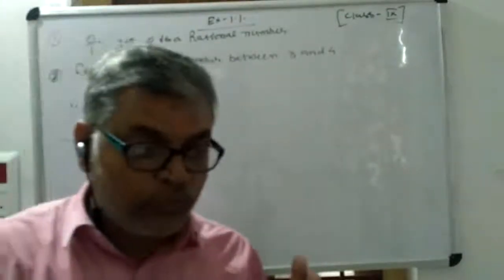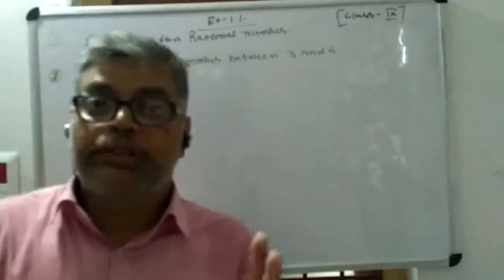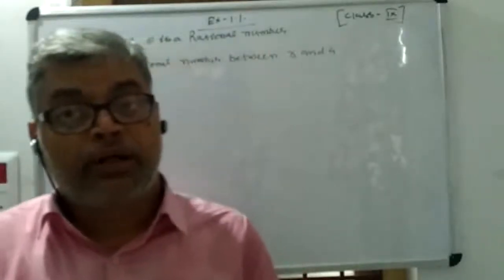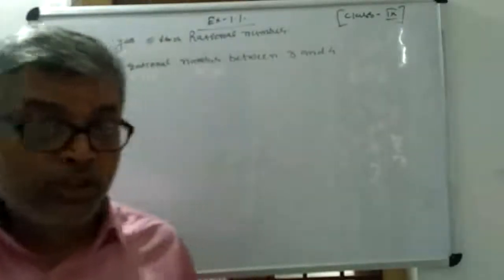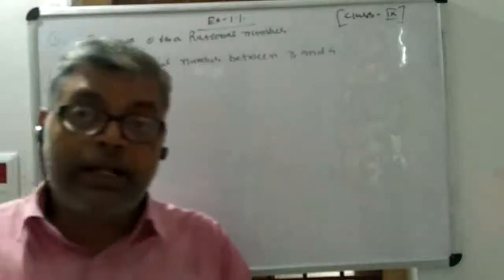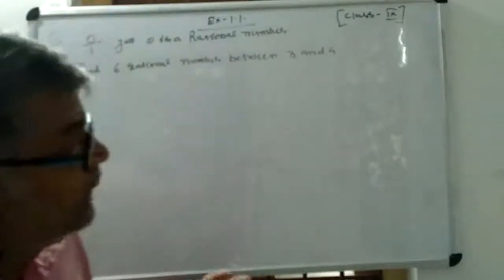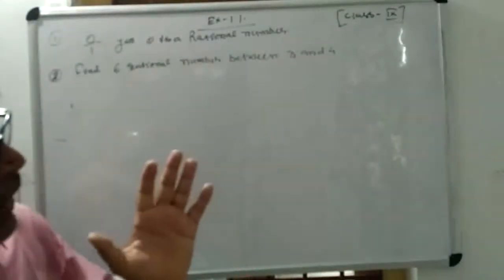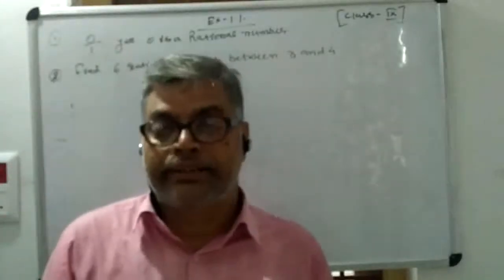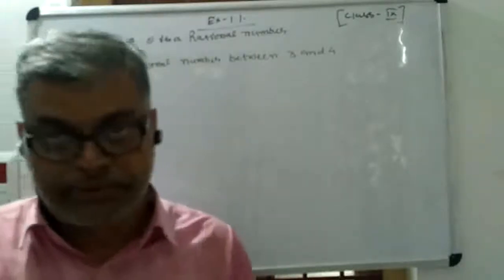And one thing you should keep in your mind, that between any two consecutive numbers, there are infinite number of rational numbers. So between 3 and 4 also, there are infinite rational numbers. So children, there are different methods of finding the rational number between any two given numbers.